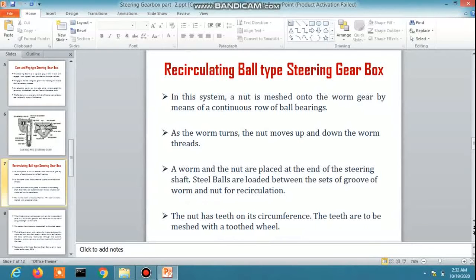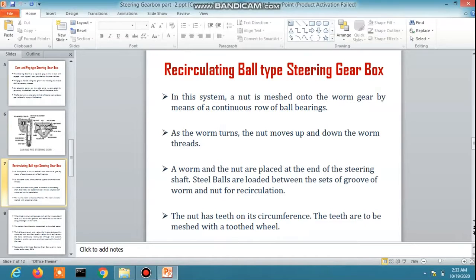The steel balls fill the section and run freely on the helical path. In its working, the rotation of the worm causes alternate winding up and winding down of the nut, thereby forcing the balls to pass around the helical path.